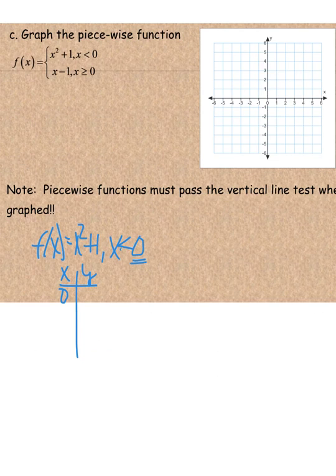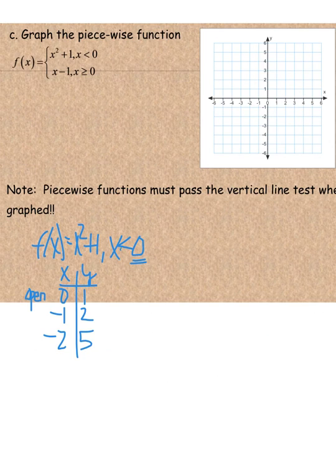Because it's just less than 0, that's going to be an open circle on our graph, an open point, because that value of 0 is not included in the domain. Values that are less than 0 will be included in the domain, such as -1 and -2, so those will be closed. When I substitute 0 in for x, I get 1. If I substitute -1 in, I get 2, and if I substitute -2 in, I get 5.